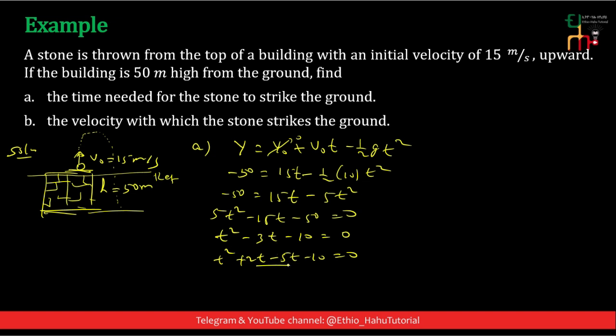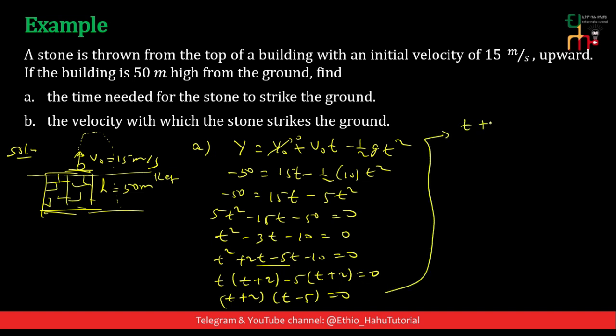Take the first terms, t square plus 2t, taking t as a common factor: t times t plus 2. Minus, take minus 5 as a common factor: here again, t plus 2. This is equal to 0. So t plus 2 into t minus 5 is equal to 0.